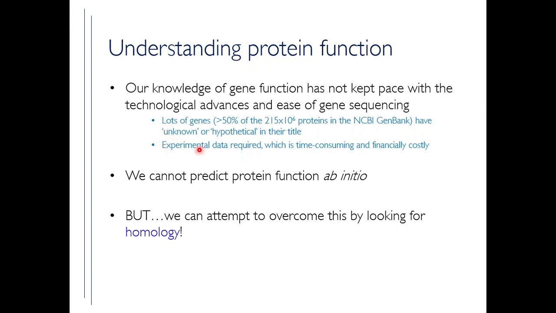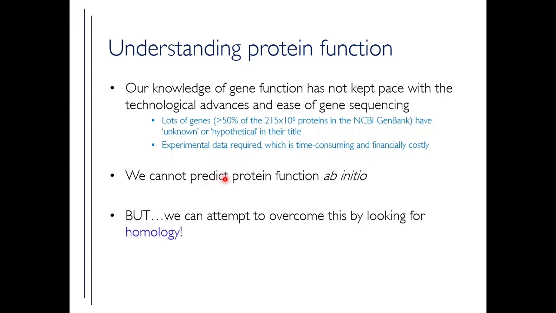So we need experimental data to prove that a particular gene sequence in that database actually does encode a protein, and that protein does a particular job. But all this is very time consuming and financially quite costly. So there are lots of sequences in the databases, but most of them, we don't know what they do as of yet.